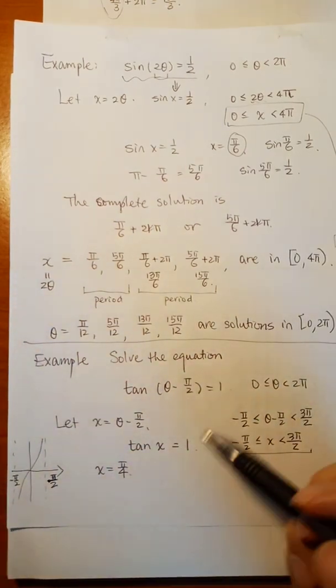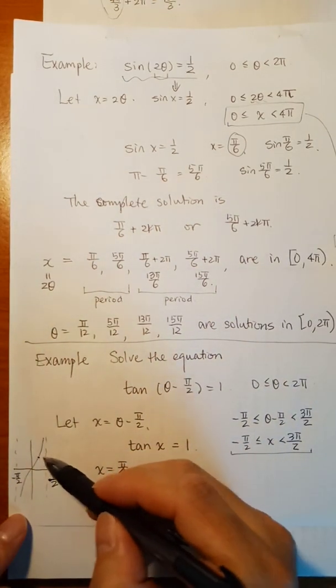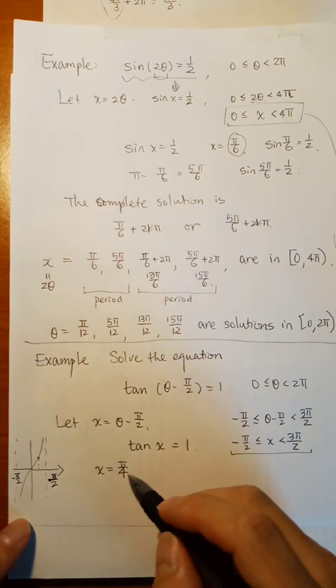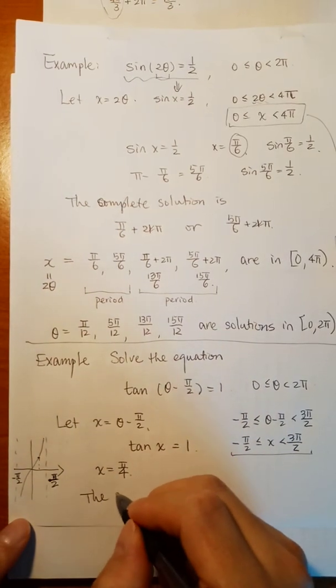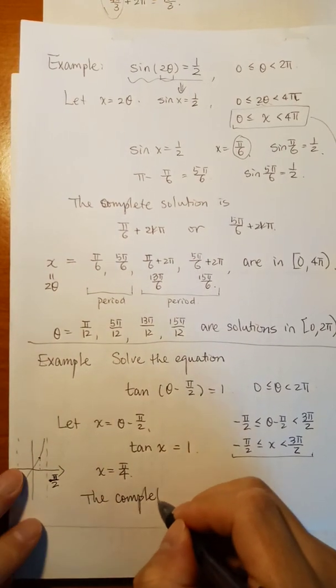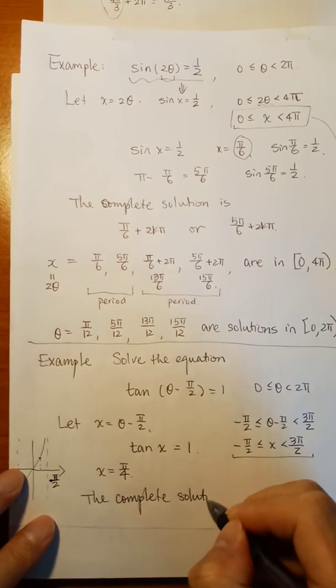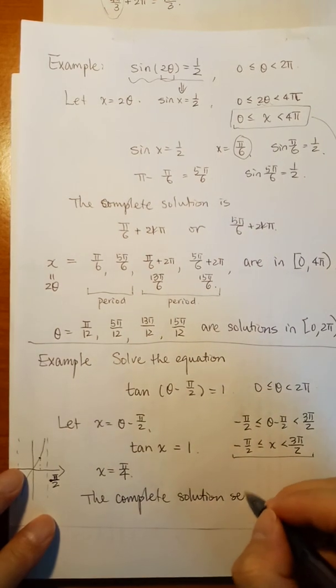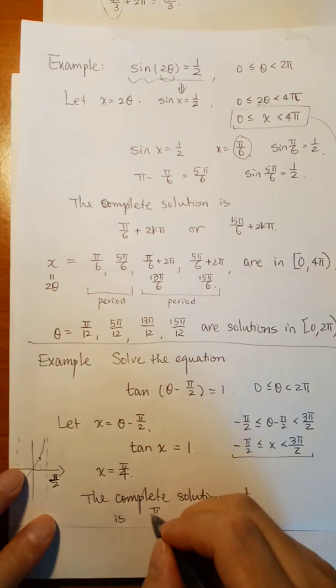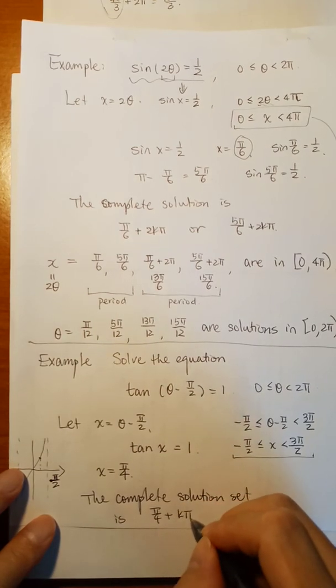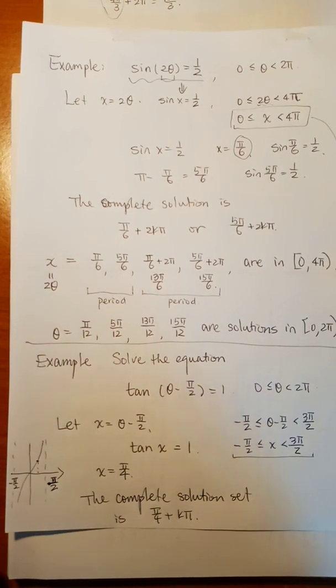Tangent theta in 1 period, there's only 1 solution, so it's pi over 4. When you have pi over 4, the complete solution set is pi over 4 plus k pi.